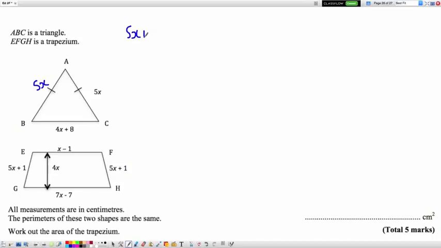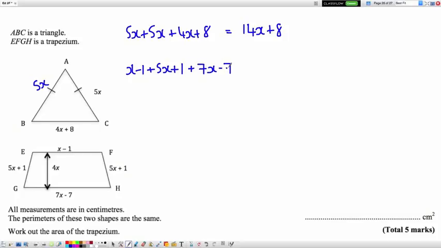So we add up the three sides of the triangle, which is equal to 14x plus 8. And then here for the trapezium, we have the four sides added together, gives us 18x subtract 6.